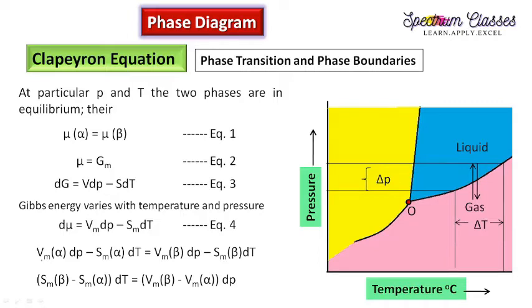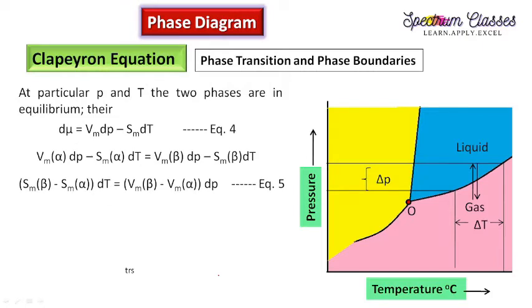Now we collect the volume and pressure terms on one side of the equation and the entropy and temperature terms on the other side. The Sm term is negative, so moving it across, Sm beta minus Sm alpha, with dT taken common, is equal to Vm beta minus Vm alpha times dP. This is our equation number 5.